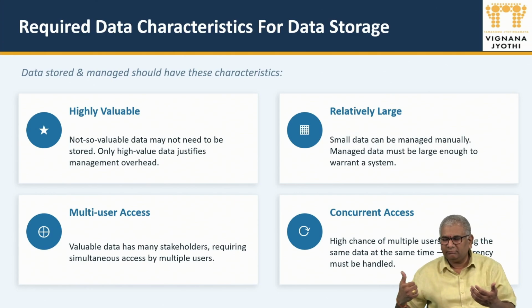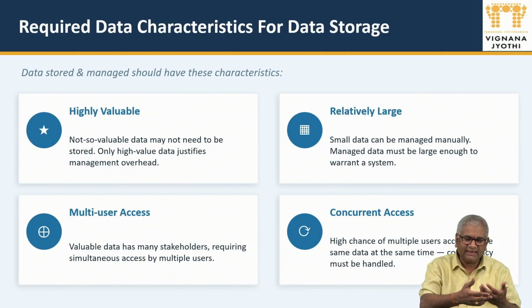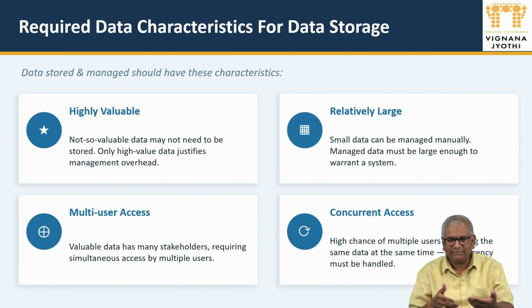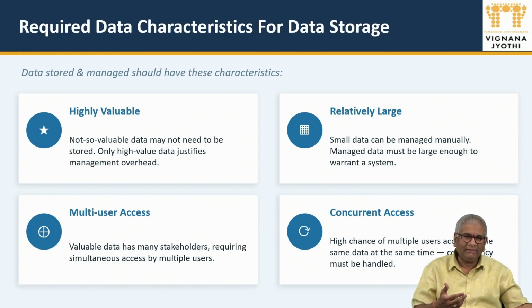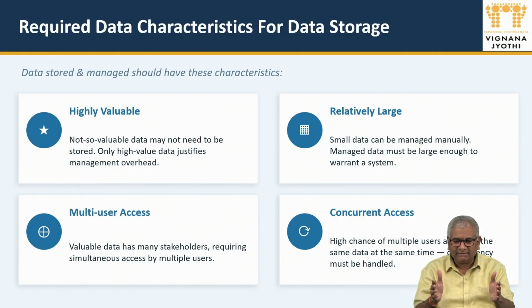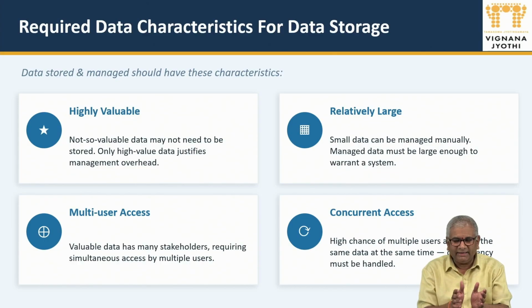For example, maybe a teacher from the computer science department goes to that data management person and says, hey, these three roll numbers, I want to get their phone numbers. Can you give me the phone numbers? Then again, civil engineering, maybe. So when data is highly valuable and relatively large, and it is being managed, multiple people will definitely access it.